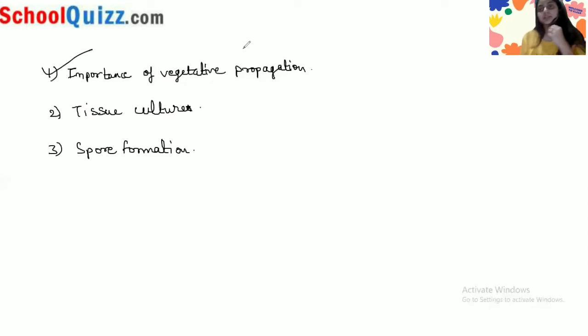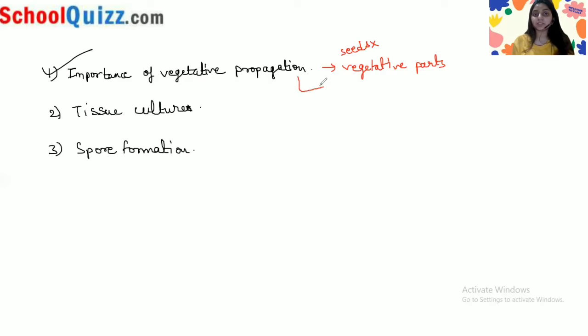So tell me, what is vegetative propagation? This is a method of asexual reproduction in which the vegetative parts are used for reproduction. We do not use seeds in this method. So what is the importance of this method?